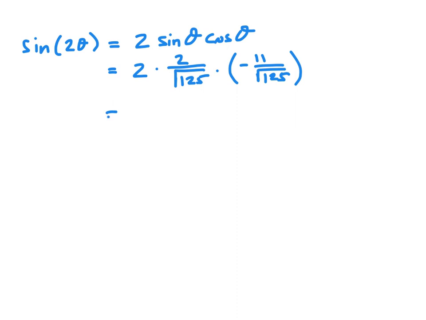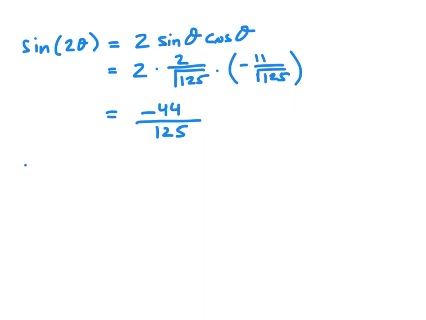And so we just need to multiply all of these quantities together. In the numerator here, we end up with 2 times negative 11, which is negative 44. And in the denominator, we have the square root of 125 times the square root of 125, which is 125. And so sine of 2 theta will be negative 44 over 125.